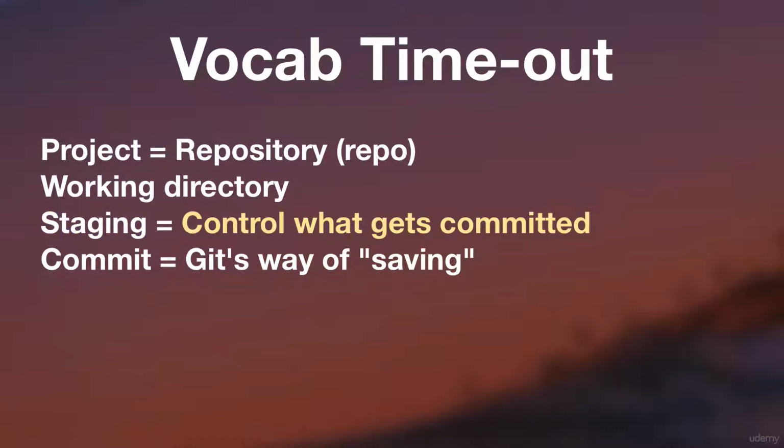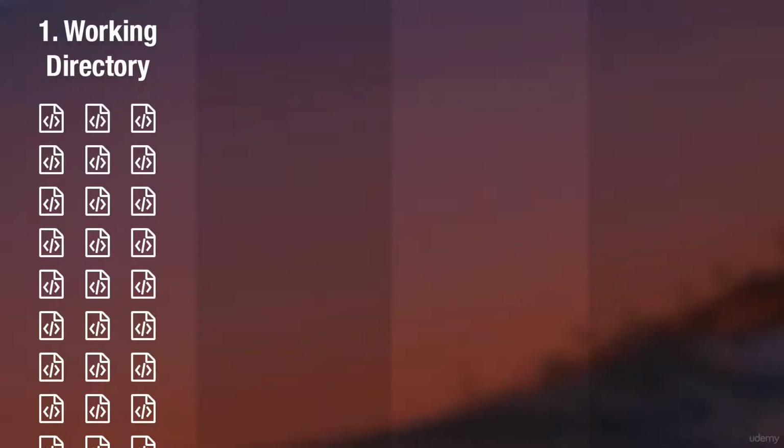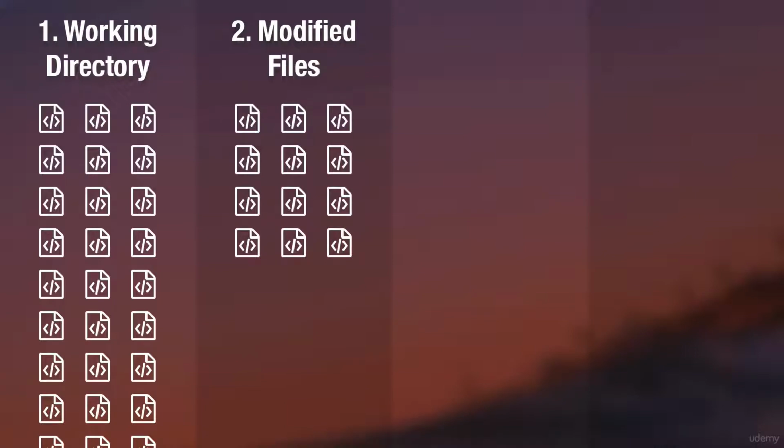Here's an example. So let's say we are working on a larger project and we have made edits to 12 different files. Maybe we were experimenting and trying new things with code, but we only want to commit 4 of those files into Git's history. Maybe in the other 8 files we made mistakes or we realized that those files weren't even necessary.